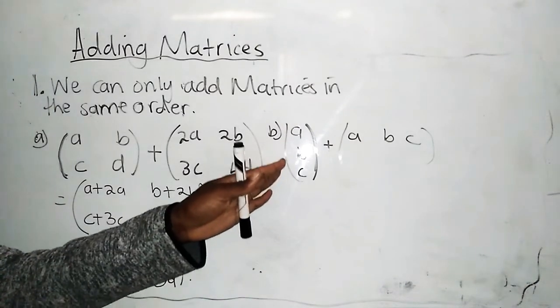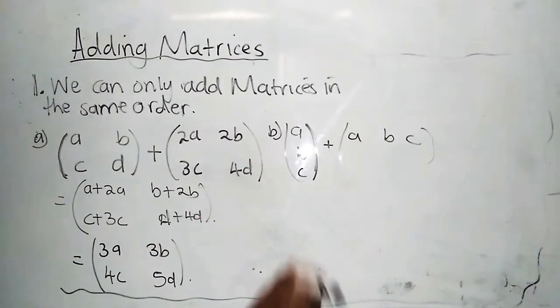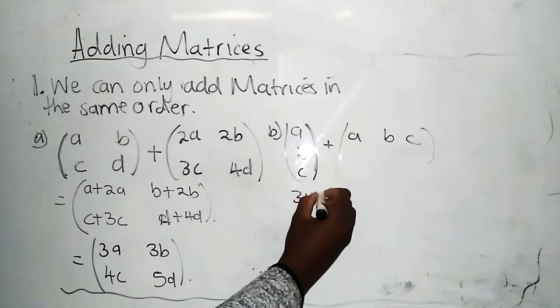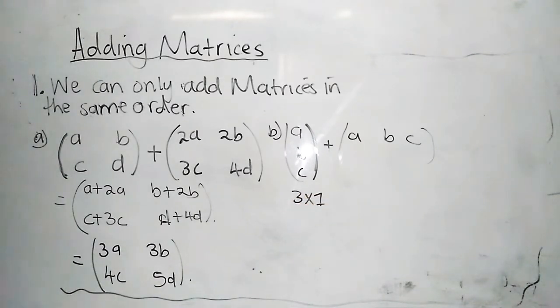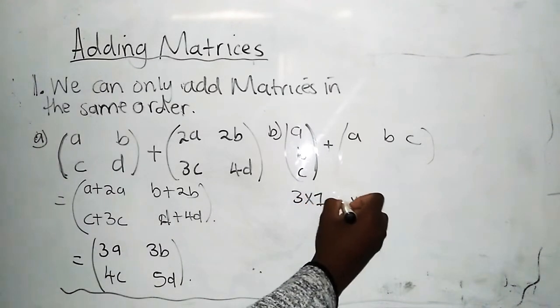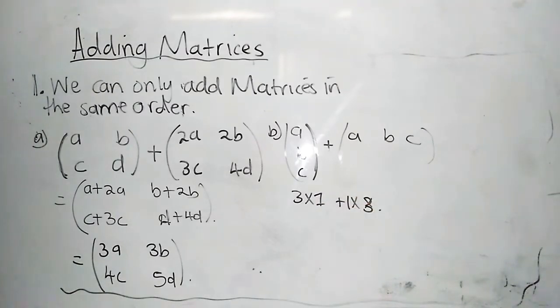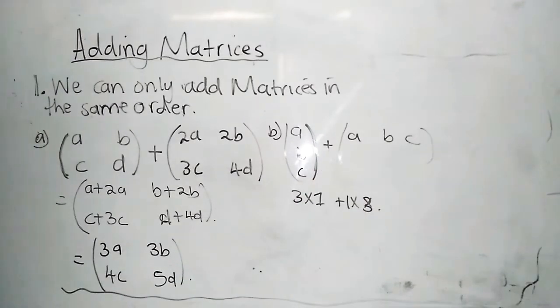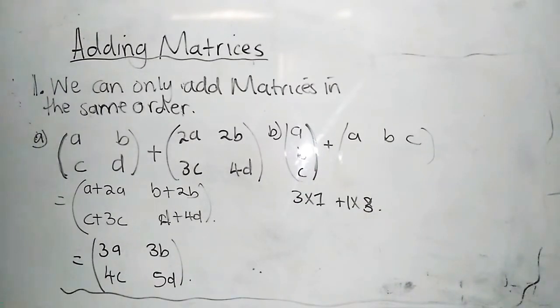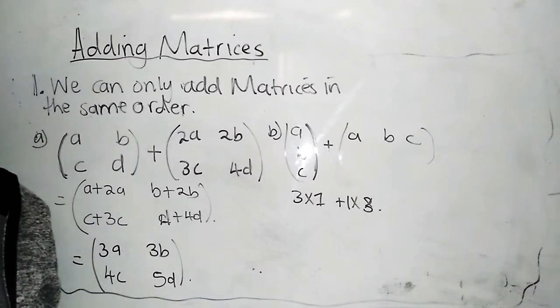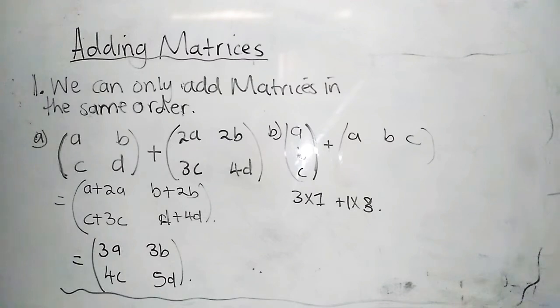This is a 3 by 1 matrix. We are adding a 3 by 1 matrix to a 1 by 3 matrix. Okay, it's just 1 row but 3 columns. We cannot add this kind of a matrix. Okay, as long as the order is not the same, we cannot add them together. So that's for our first example.